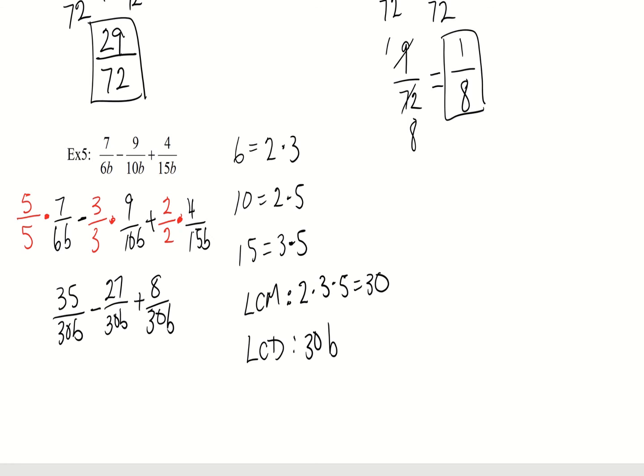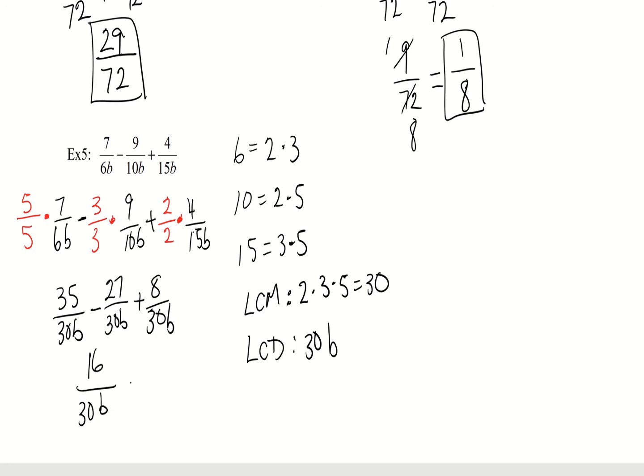So we have 35 minus 27 plus 8. So when combining those numbers, what do we get? In the numerator, we'll have 16. And our denominator is 30b.